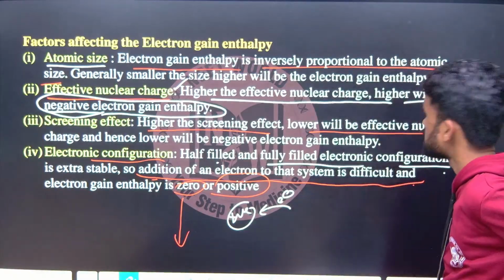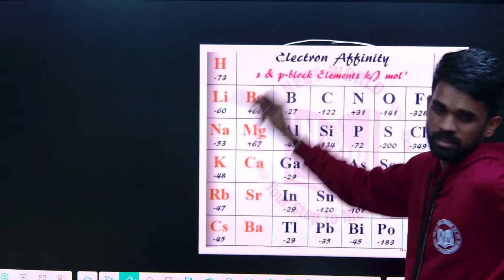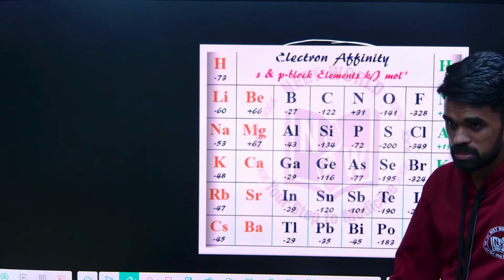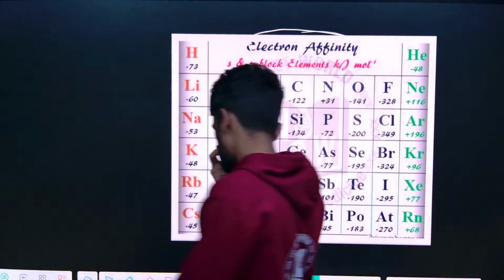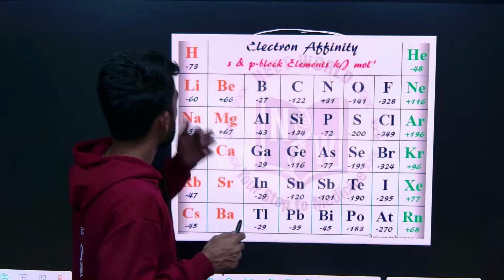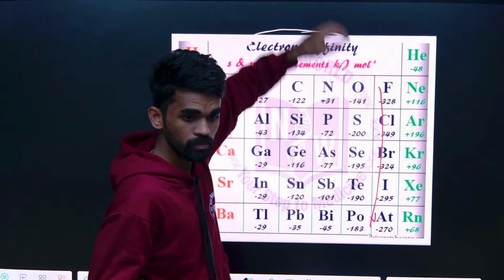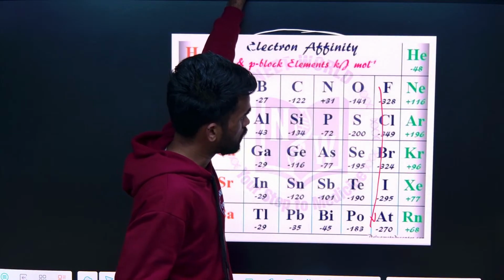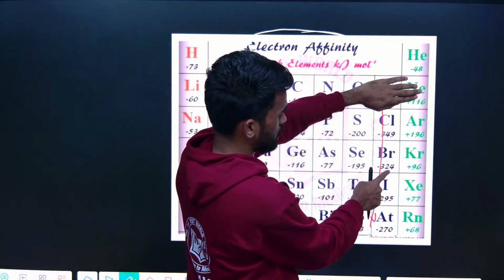Next, we can also have one more term, electron affinity. It has the same meaning, the tendency to gain the electron. If I look down the group, check the values: minus 349, minus 324.